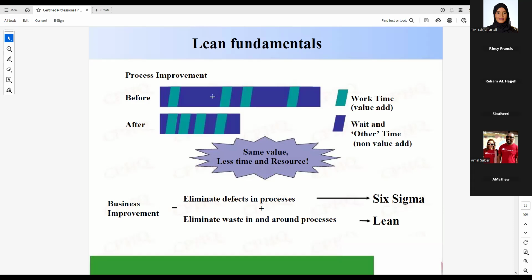Okay, so you see this process had a lot of non-value added in between the value added steps. The aim of lean is to reduce or eliminate waste, so cut down on the wasted time, and that will make your process shorter, leaner, and better value adding for the patient.